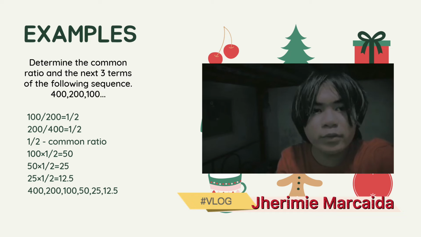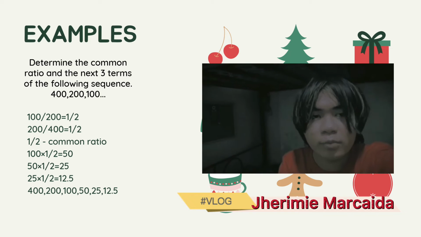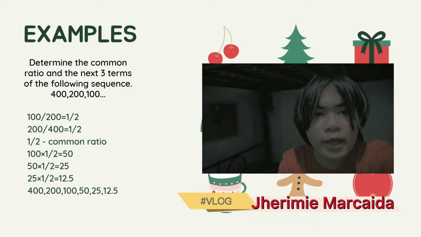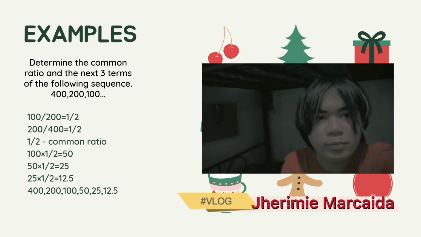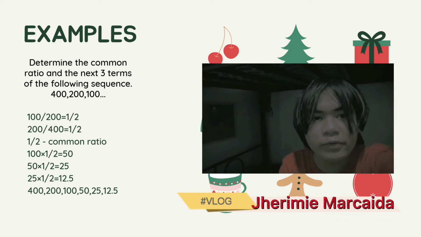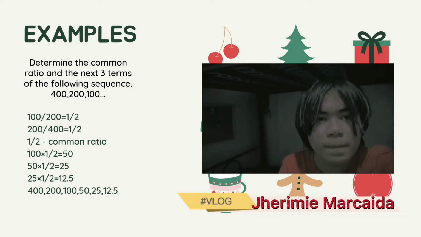The first thing we will do is to find the common ratio. For us to do that, let's divide 200 by 400, and it will become 200 over 400. If we lowest term it, it will become 1/2. Then 100 over 200 will become 1/2. It means 1/2 is the common ratio.